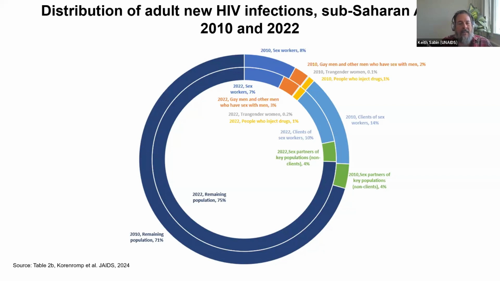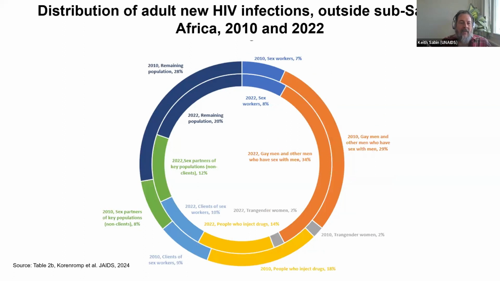And if we take the next slide, which is the rest of the world, outside of sub-Saharan Africa, we see a distinct change occurring, where the remaining population has a much smaller proportion of new infections in 2022 as compared to 2010, and an expanding proportion of new infections are occurring among gay men and other men who have sex with men.